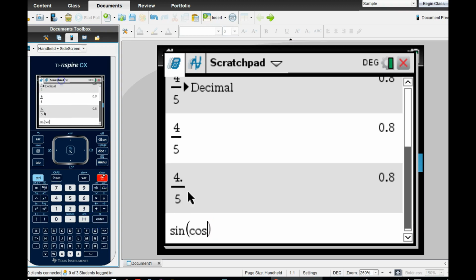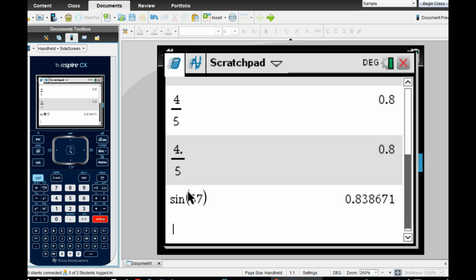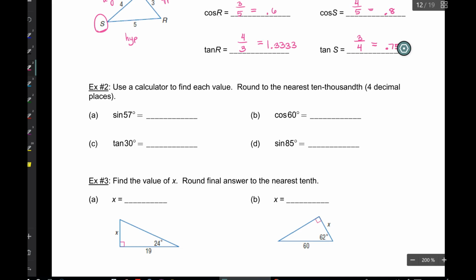Oops, having some calculator issues. So we're going to type in sine of 57, press enter, and we're going to round that to 3 decimal places, so that's going to be 0.8387.